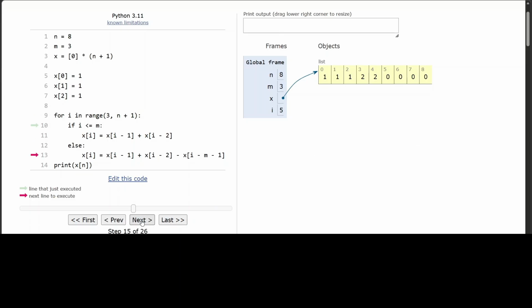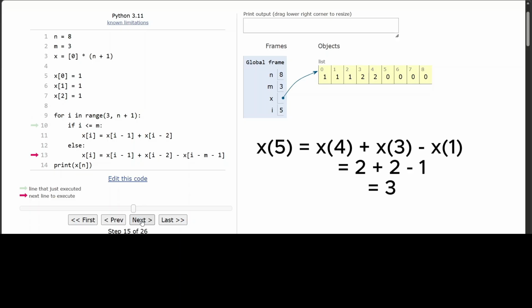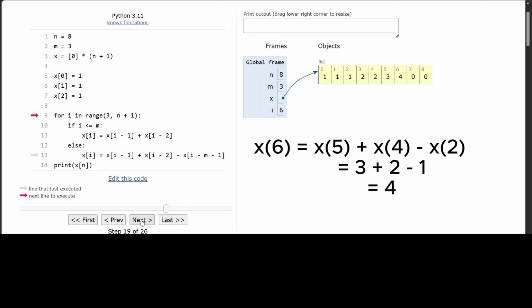Month 5. x5 equals x4 plus x3 minus x1 equals 2 plus 2 minus 1 equals 3. Month 6. x6 equals x5 plus x4 minus x2 equals 3 plus 2 minus 1 equals 4.